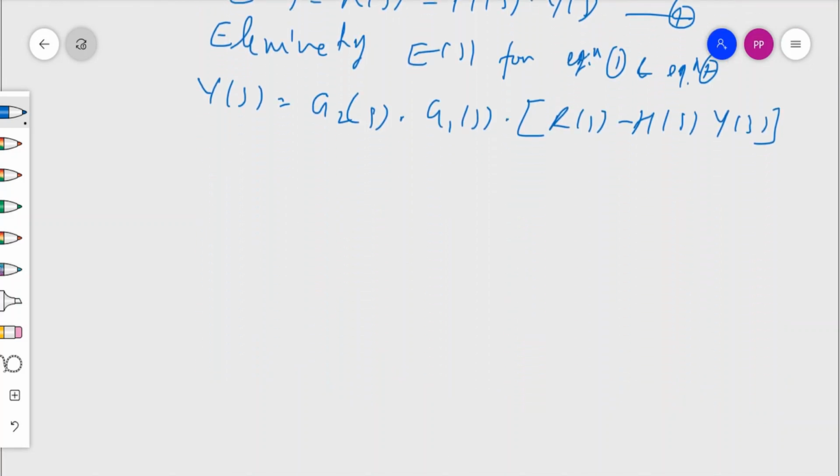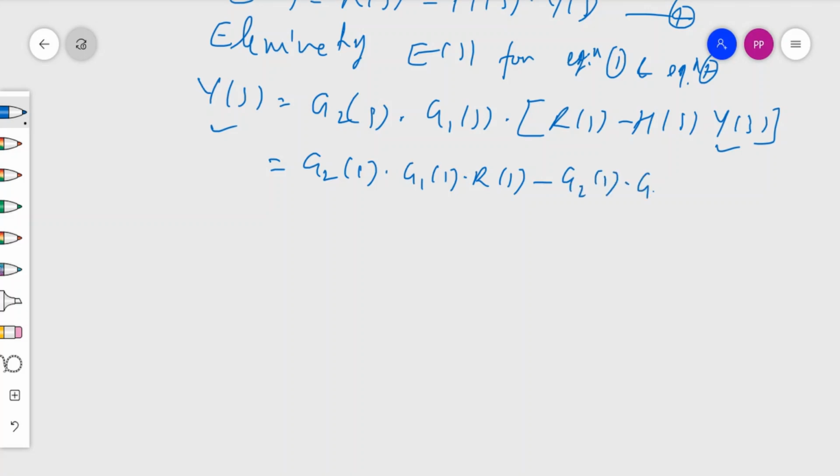Therefore, if we take the y terms together, we get, let me make it simple, G2S into G1S into RS minus G2S into G1S into HS into YS.